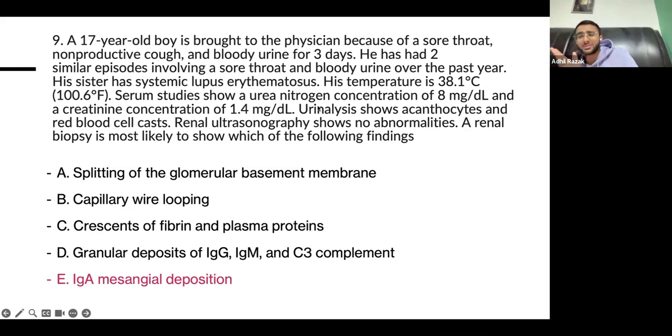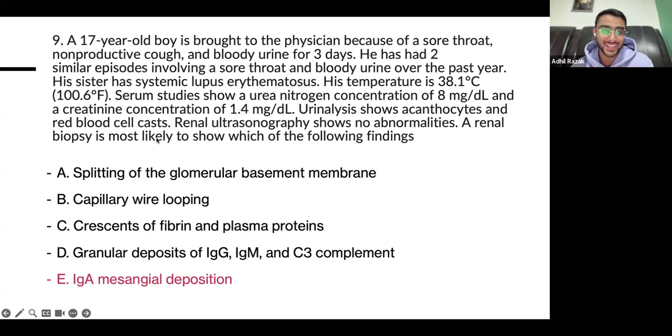They both have near similar descriptions. The SLE mentioned here is a distractor. His sister has SLE. It doesn't mean that he would. What's important about this patient is the sore throat, and after 3 days, he started having symptoms. Yeah, the distractor distracted you. I guess they succeeded, whoever wrote the question.